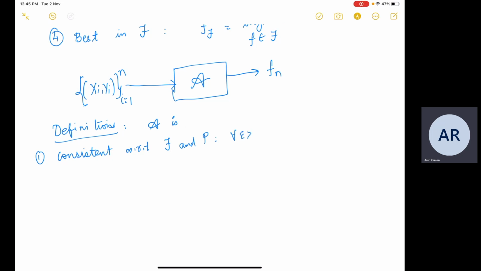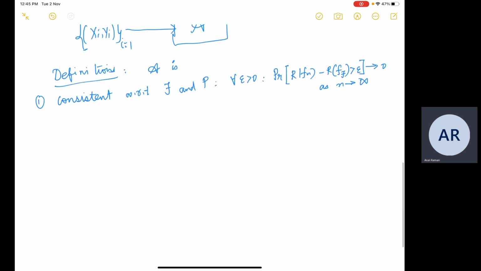If for all epsilon greater than 0, we have the probability that the true risk of the learned function minus... all right.